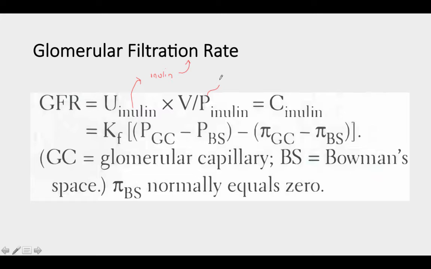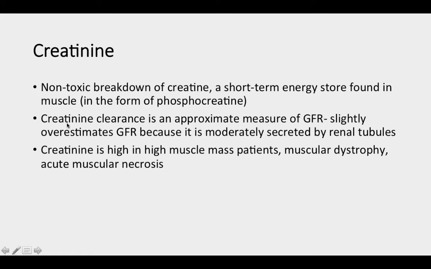So you establish a plasma concentration of inulin, and then you measure the urinary concentration of inulin and the flow rate of urine. This calculates the clearance rate of inulin, which reflects the glomerular filtration rate. This is rarely done clinically, and in fact, the substance that we use to measure GFR rather than inulin is creatinine.